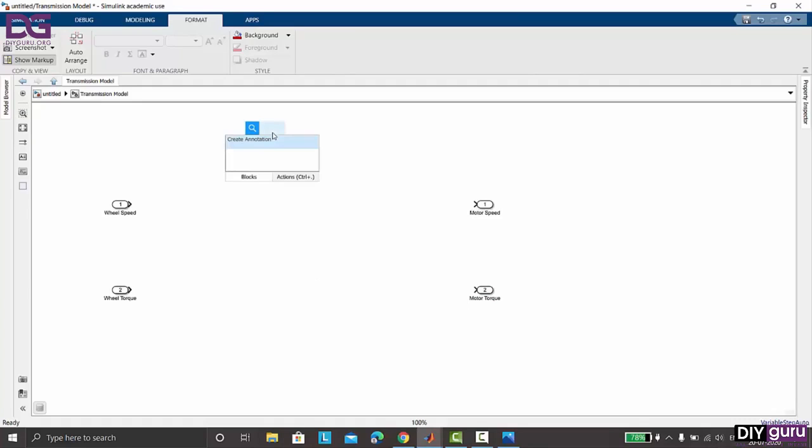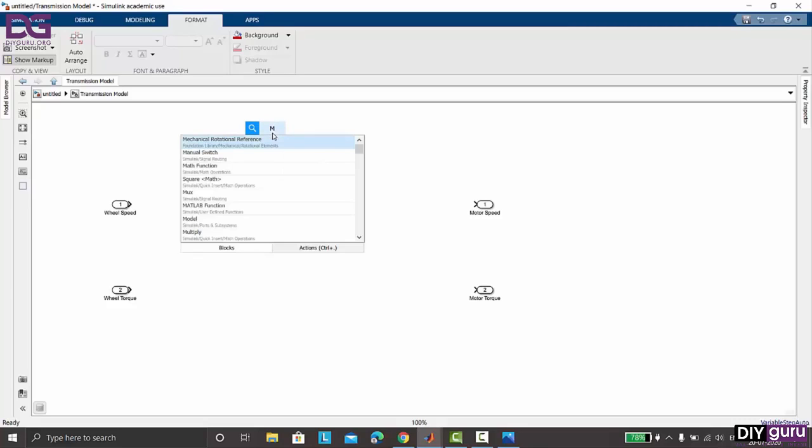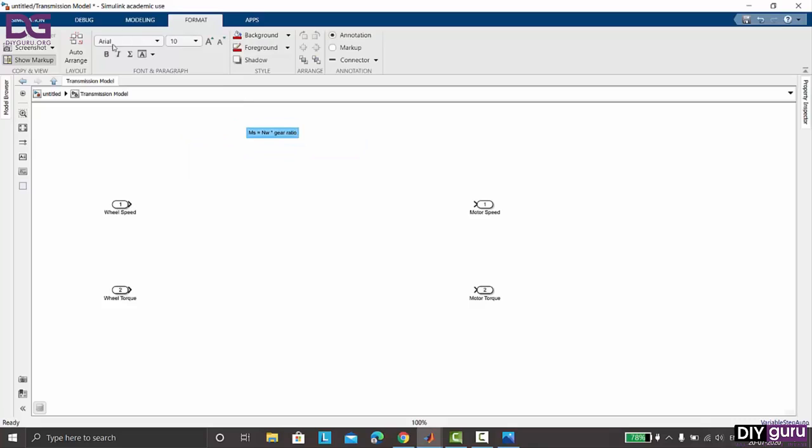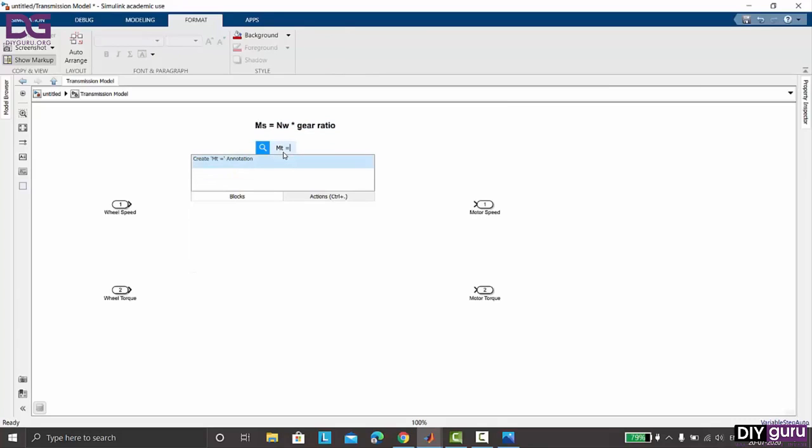The formula required for estimating the motor speed is product of wheel speed NW into gear ratio. And to estimate the motor torque, we have to divide the wheel torque by transmission efficiency multiplied by gear ratio.